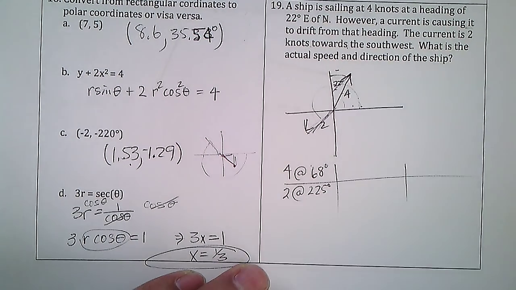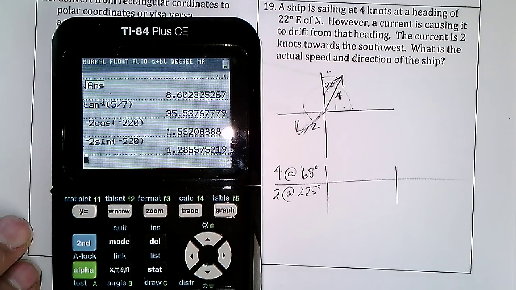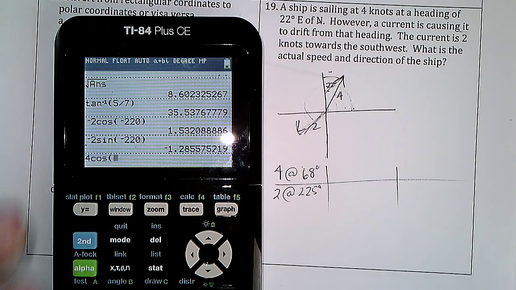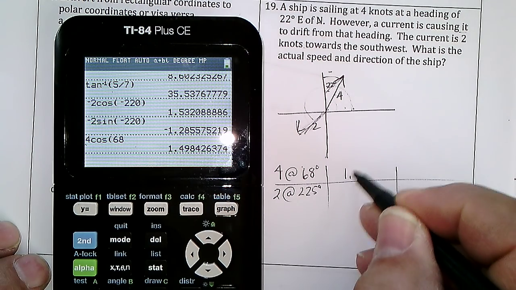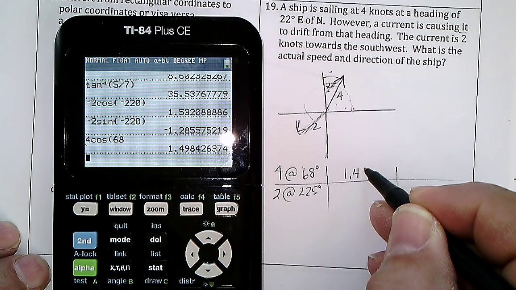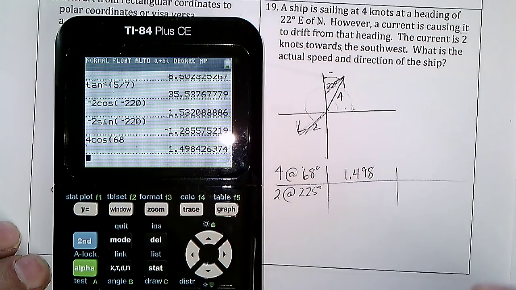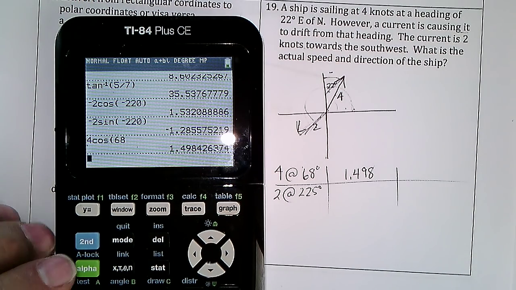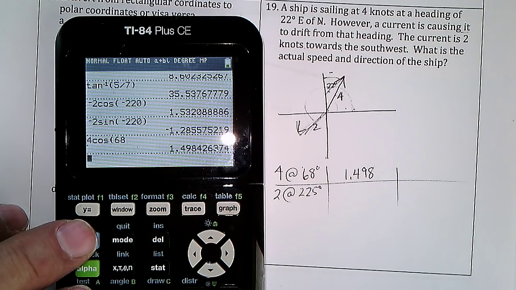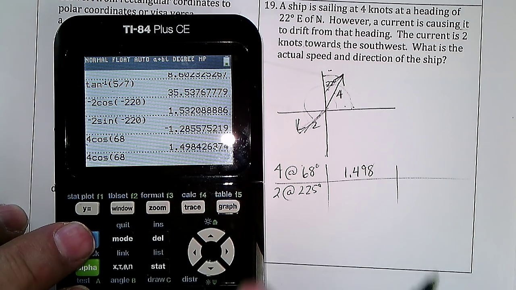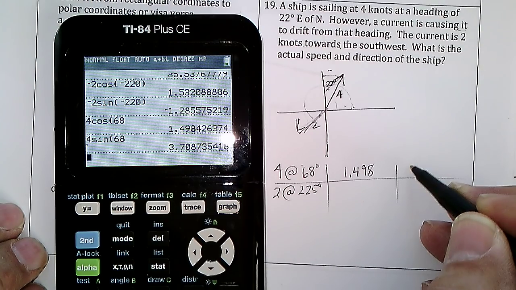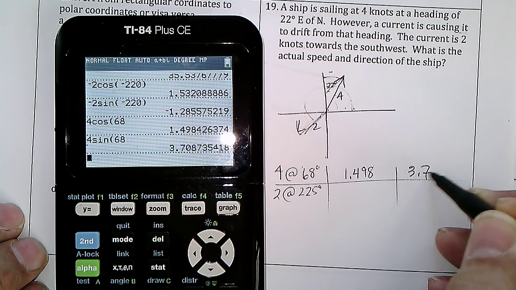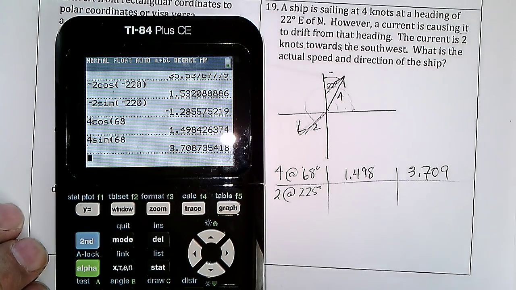So if I figure out the x for cosine 68, 1.498, the y, which is just the same thing with a sine in there, and that is 3.709.